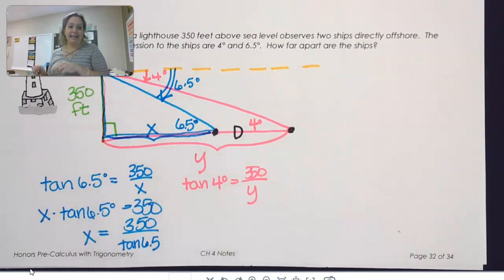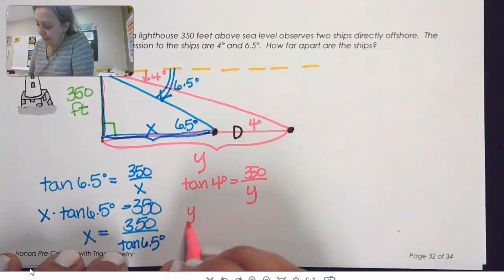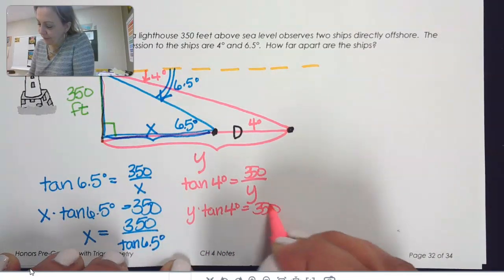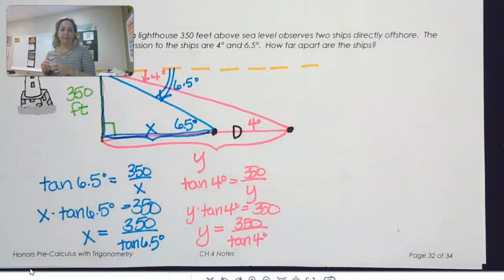And I can see that that will be an expression that would be equivalent to X exactly. I can do the same thing to this next equation. Y times the tangent of 4 degrees equals 350. So then Y is 350 divided by the tangent of 4 degrees.